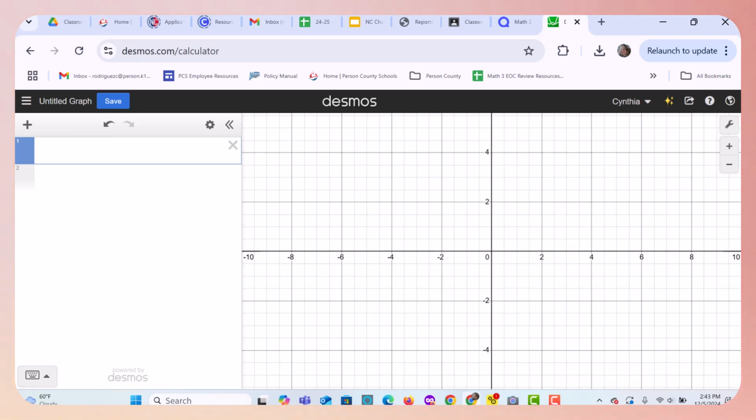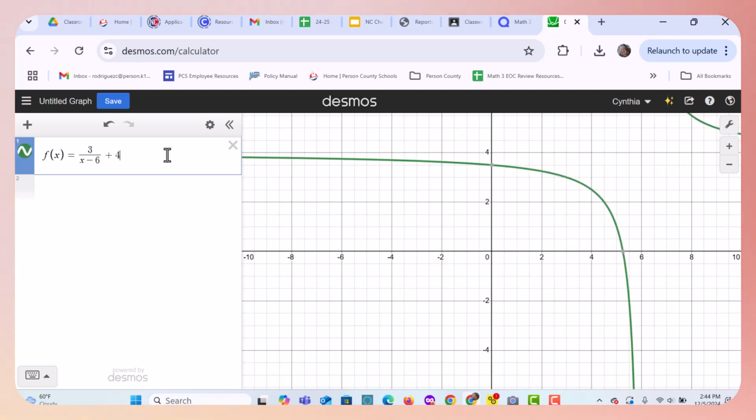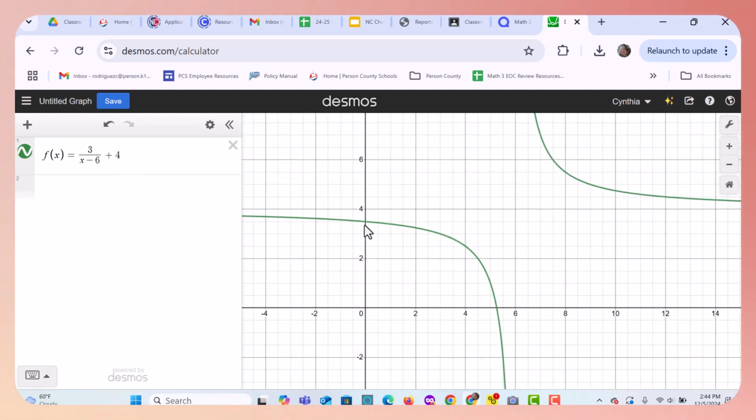F of x equal 3 over x minus 6. And just watch this carefully. Make sure that you are putting parentheses around the right things if you need to. You don't want this to twist around while you're not watching. All right, so I think I have it entered in correctly.